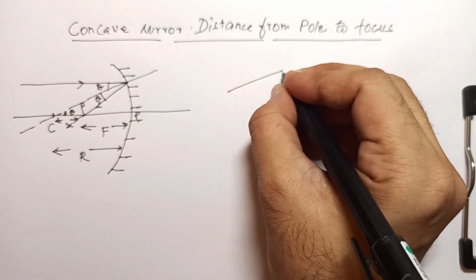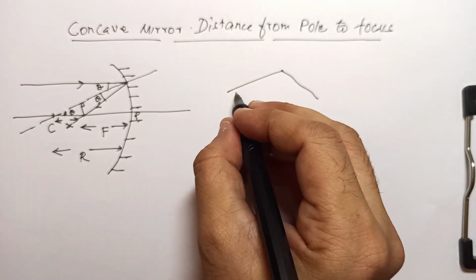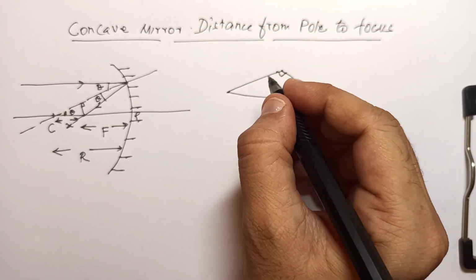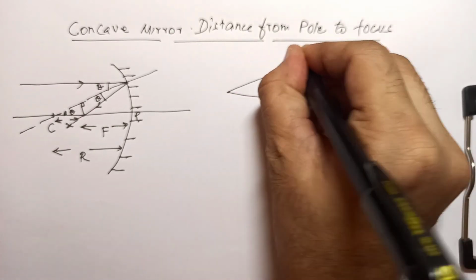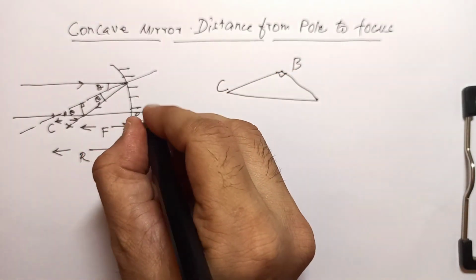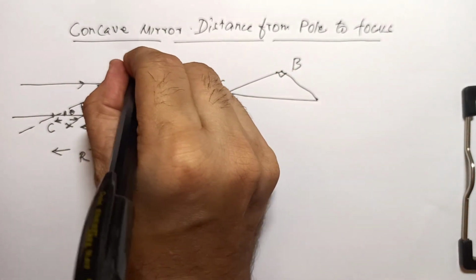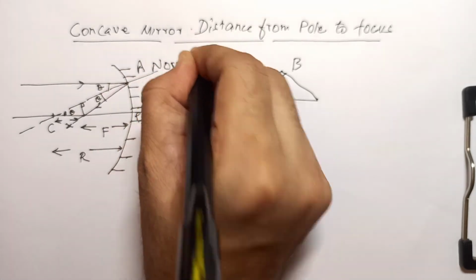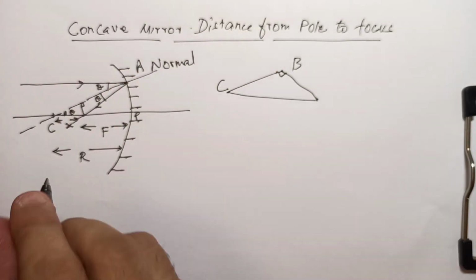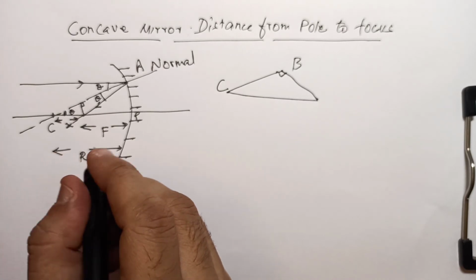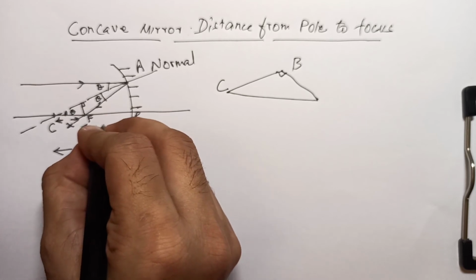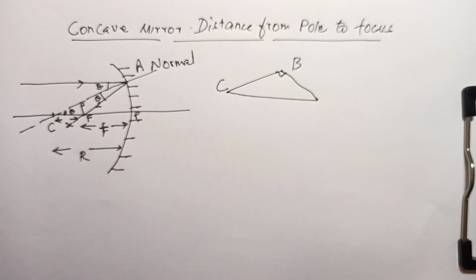We can draw the triangle like this, this is 90 degrees, and this is B, C, this is A, the normal, and this point is F, and this is the small f distance.